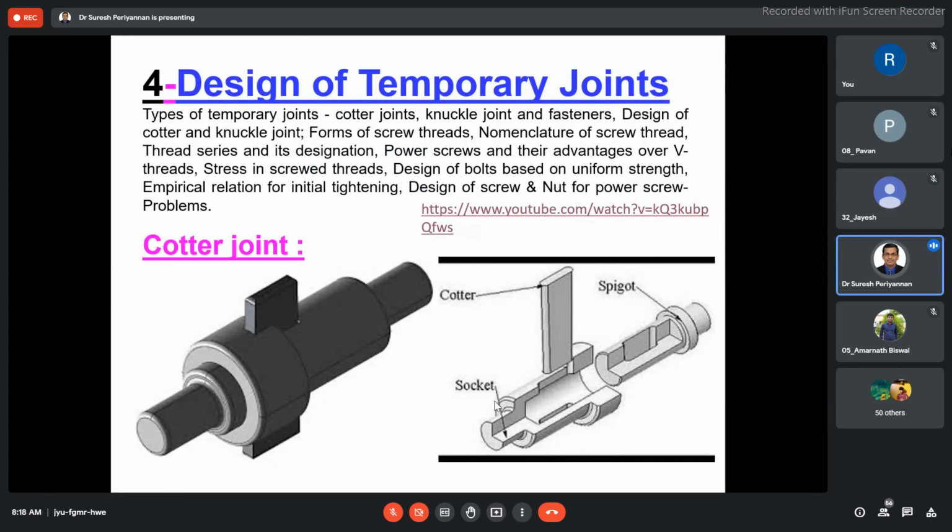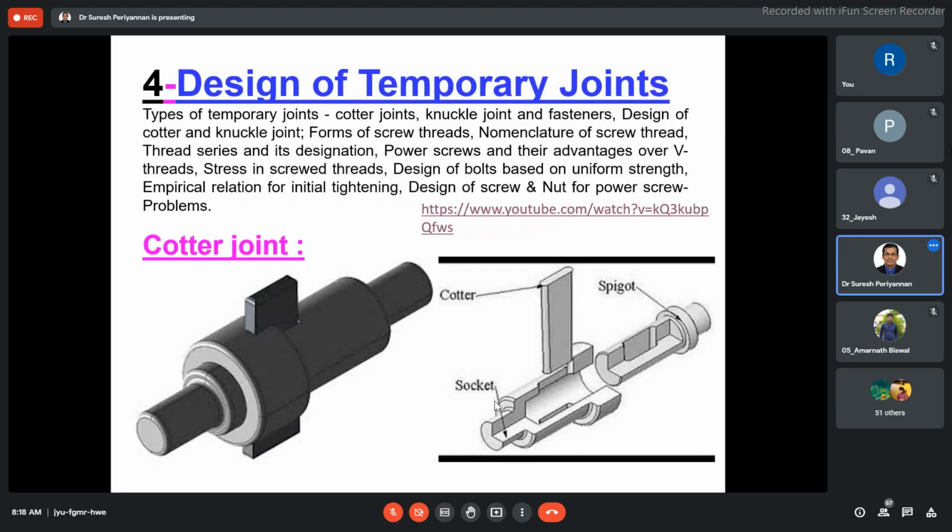A bolt and nut can be easily dismantled. If we use a power screw to join the components, it can be easily dismantled. If we use cotter pins, the joint can be easily dismantled without destroying the component. These are temporary joints, and they can be assembled as well as disassembled very easily. Fabricating and removing the component is very easy when using a temporary joint.